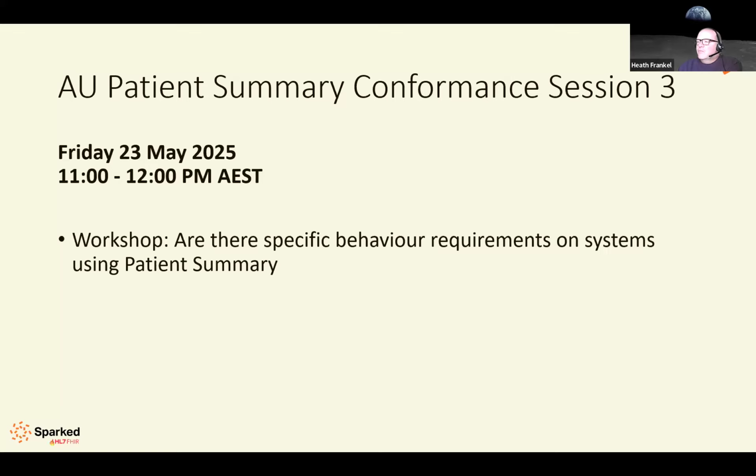But having said that, we've gone through that process with AU Core, and we actually have a narrative for profile only, which is data. So there are no interactions associated with that, and no necessarily actors, but we've still got pretty clear conformance requirements for profile only.